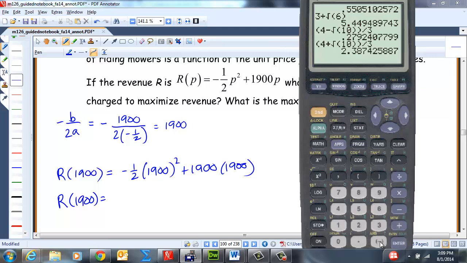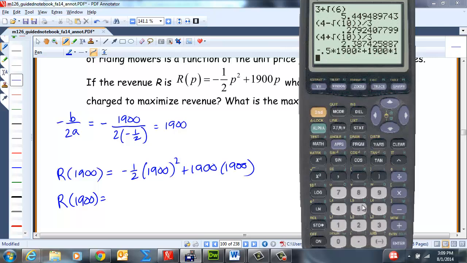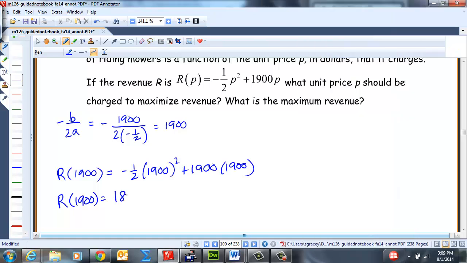I'm going to just do 0.5 for our 1/2, times 1900 squared, plus 1900 times 1900, enter. So 1,805,000 is the maximum revenue. So let's answer the question.